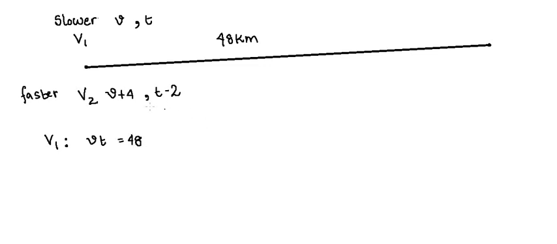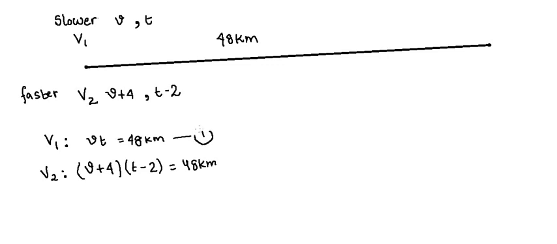Why? Because you know the formula that distance is equal to velocity into time. Now for V2, the same thing applies, but here v plus 4 into t minus 2 is equal to 48 kilometer. Let us call this equation 1 and this equation 2.